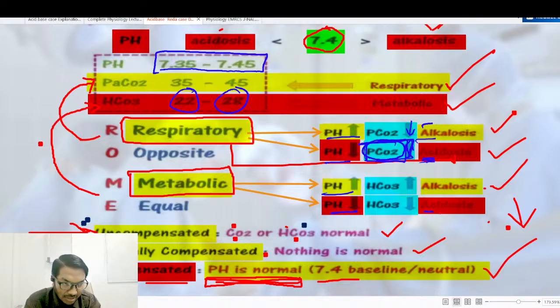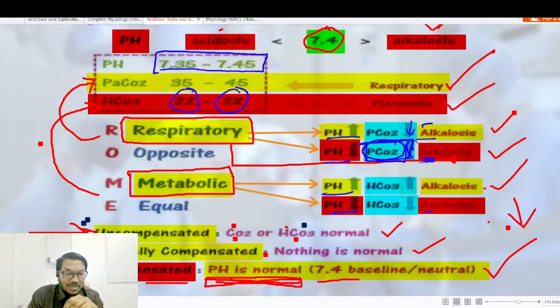Now come to metabolic. Metabolic component means whatever we eat. Like some people can make rice and other things very quickly and eat. That will go inside and produce some alkali and some acid also, and they will be excreted through the renal system or the kidney.